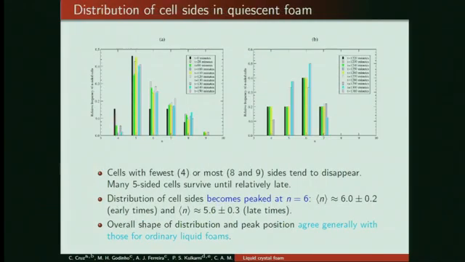So what we have now is the distribution of cell sides. So we're looking at how many cells, how many bubbles of how many sides at different times, again, early and late. So a few words on this. Again, for each of these plots, time grows from left to right.